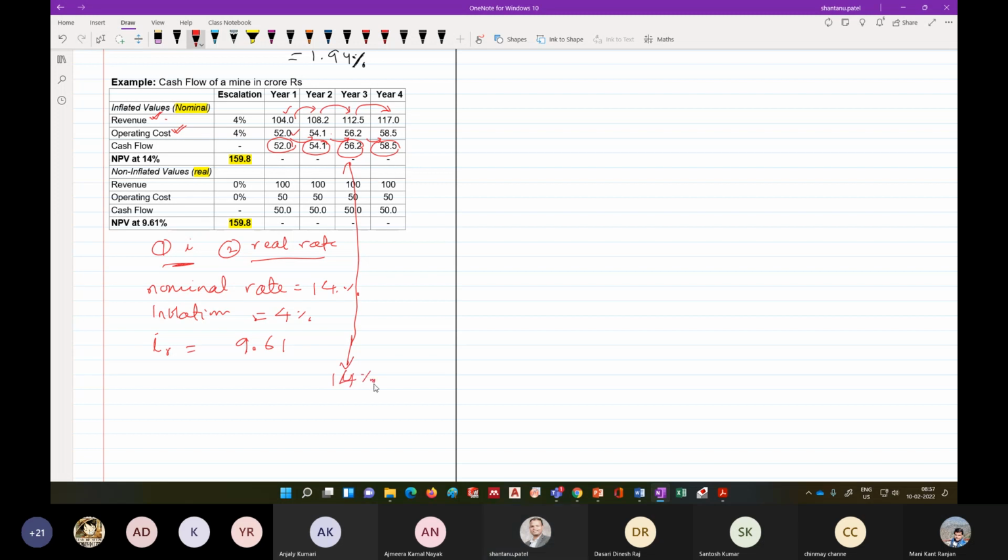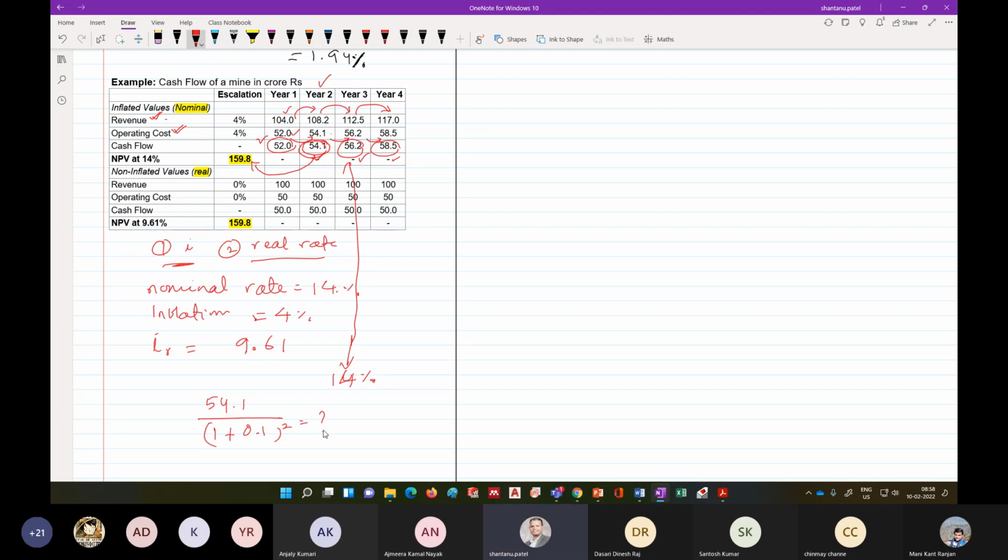Now, with the nominal rate of 14%, calculate the present value of this money, this money, and this one here. Let's say you calculate the present value of this 54.1. If you bring it to t equal to 0, it will be 54.1 divided by 1 plus the nominal interest rate 0.14, to the power 2, because this is the second year.